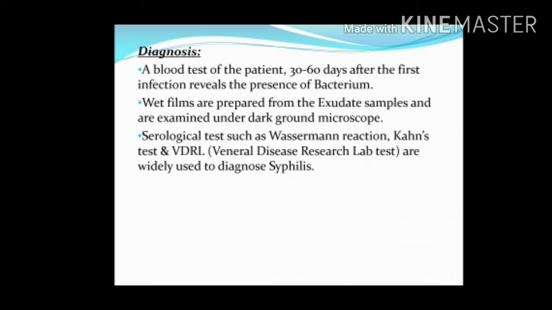Serological tests such as Wassermann reaction, Kahn's test and VDRL are widely used to diagnose syphilis. Serological test means it is the test in which antigen-antibody reactions are involved. Usually a blood sample is taken and these tests are conducted.